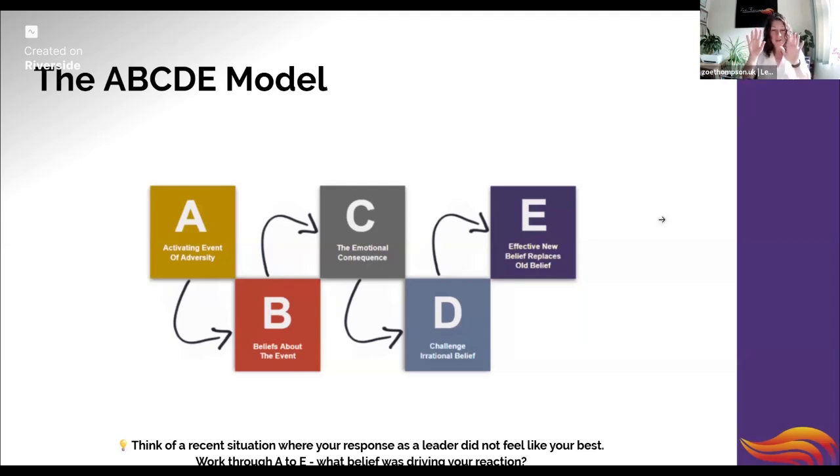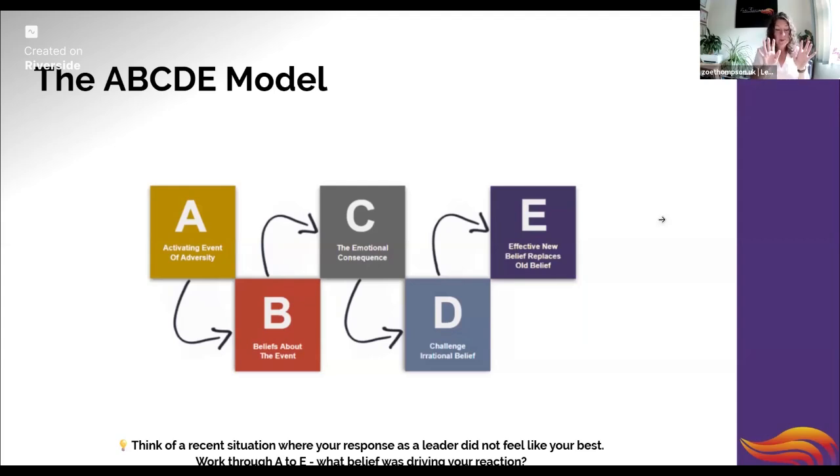Unless you change the belief that is driving how you think, how you feel, and how you behave, it is very difficult, not impossible, but it is difficult to change how you behave in response. So the work is in challenging what that belief is so that when it happens, you think differently, you feel differently, and you behave differently.